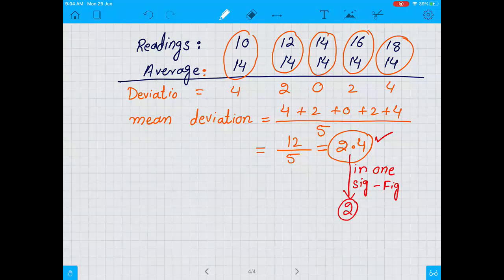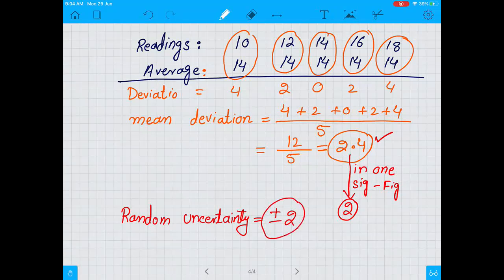Now the random uncertainty in the given experiment would become plus minus 2. So the concept of random uncertainty is that you need to calculate the mean deviation, and the mean deviation in an experiment would be equal to the random uncertainty.